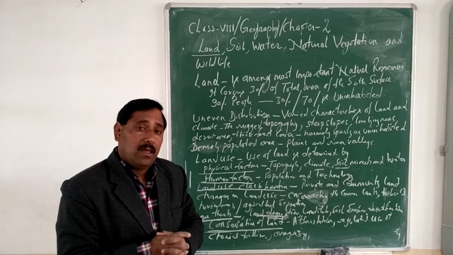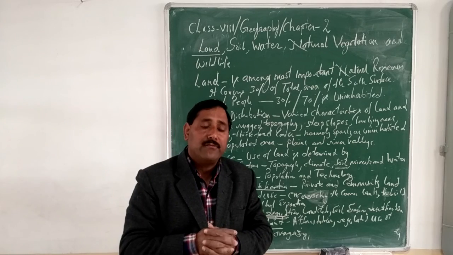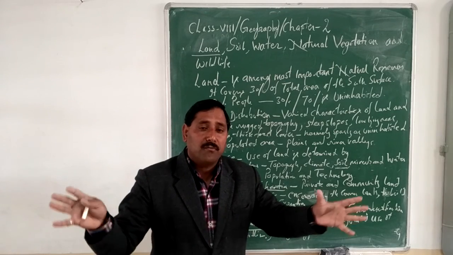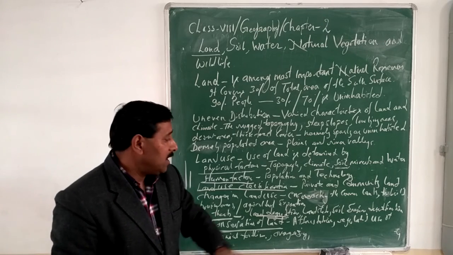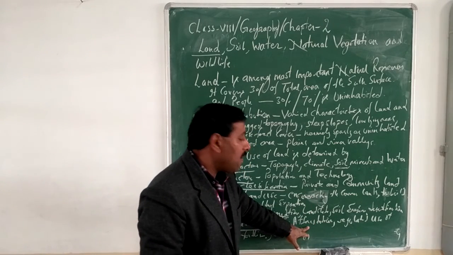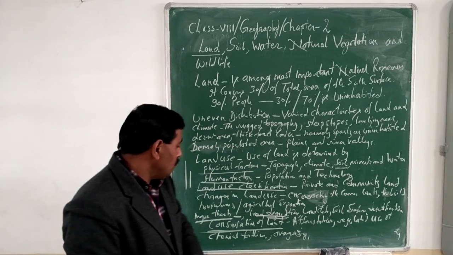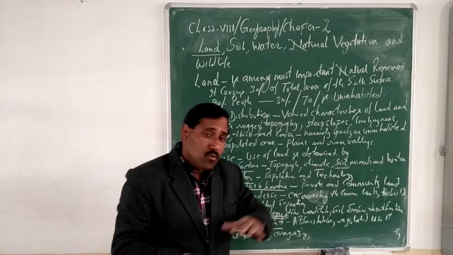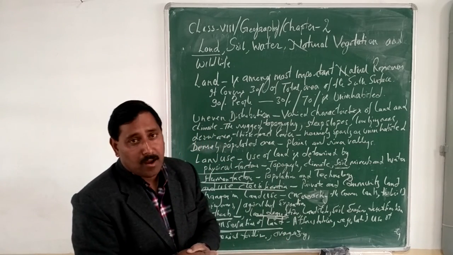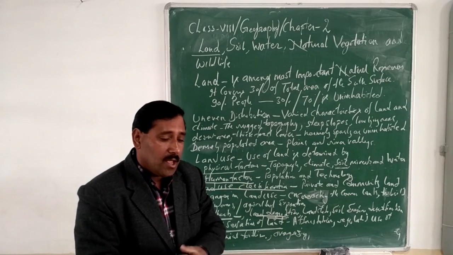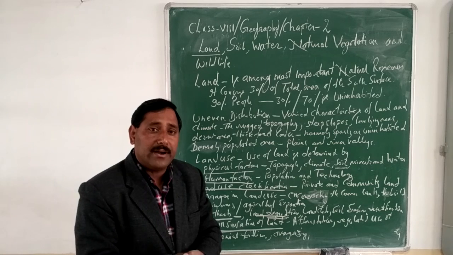So for this conservation of land, we will discuss various points. One is afforestation. In areas which have lost forest cover due to deforestation, we need to grow more and more forest cover. That process is known as afforestation. Then, regulated use of chemical fertilizers. Since the green revolution, we are using a lot of chemicals in agriculture. We needed that, and it brought miracles and many changes to the agriculture system of India.